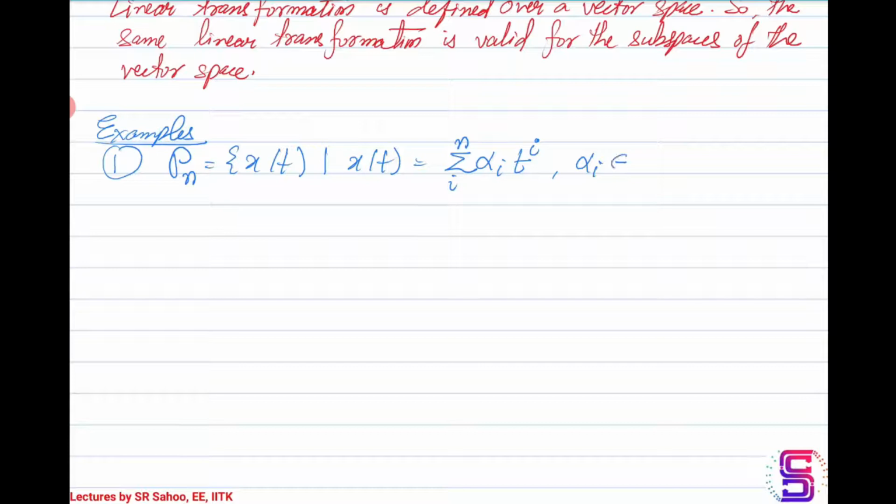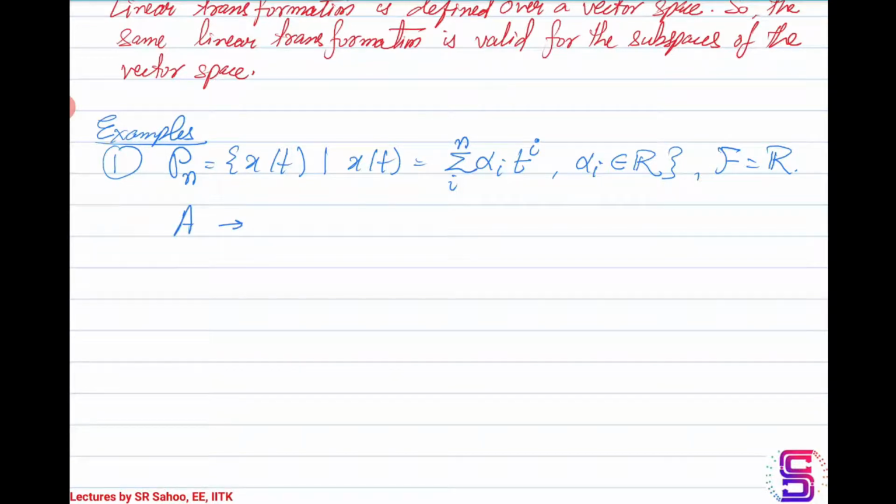Alpha i belongs to the field that is associated with this. We will consider this to be real. So Pn is the vector space of n degree polynomials, and the associated field that is being considered is real.